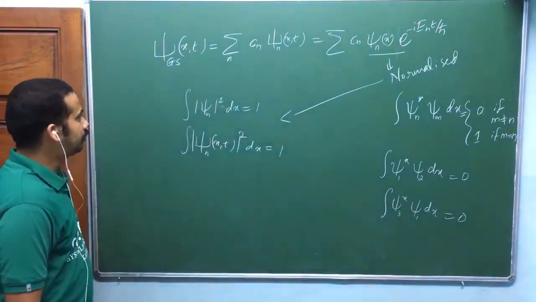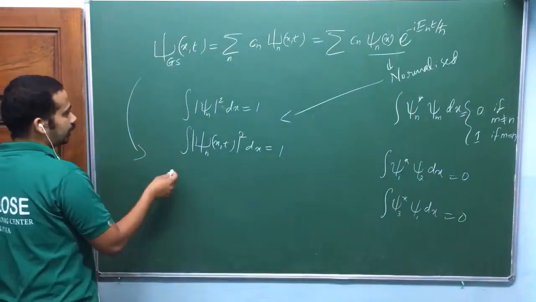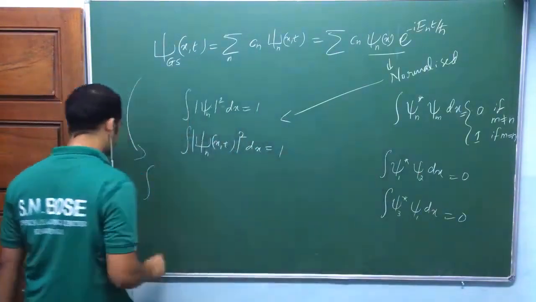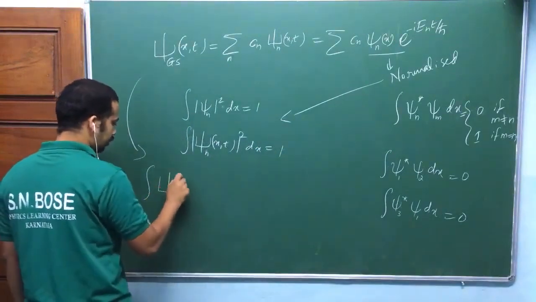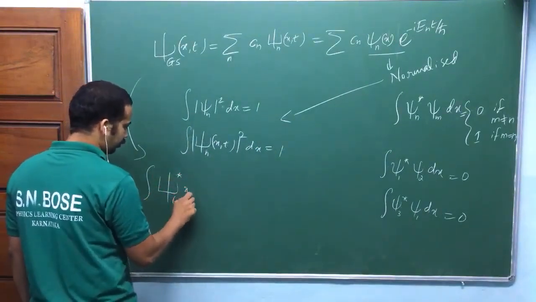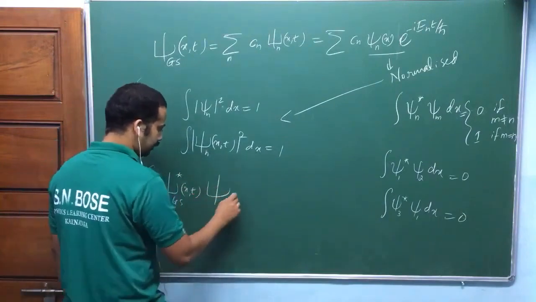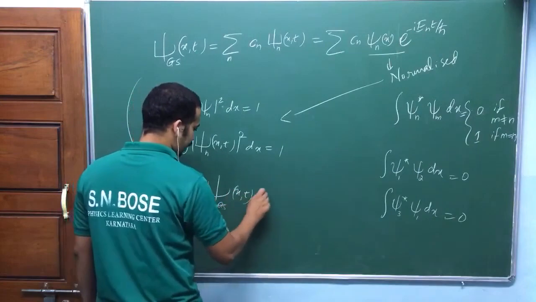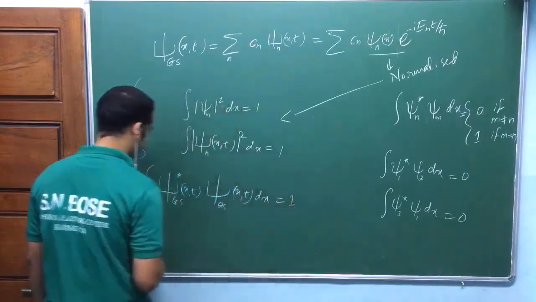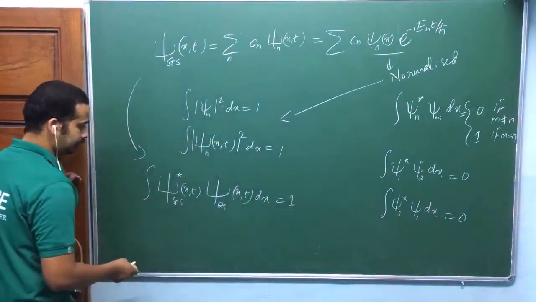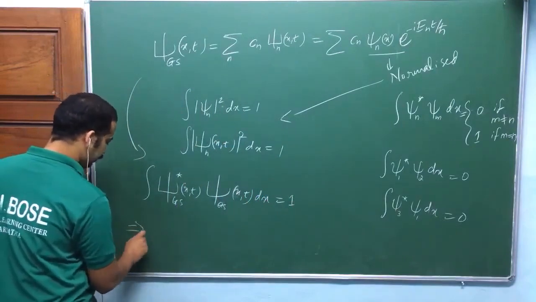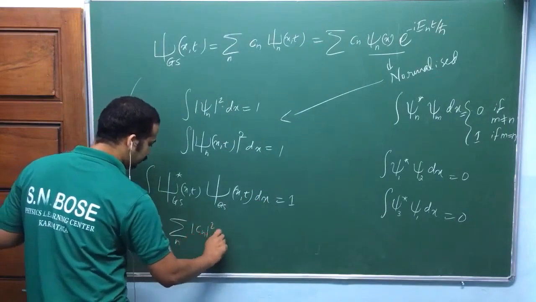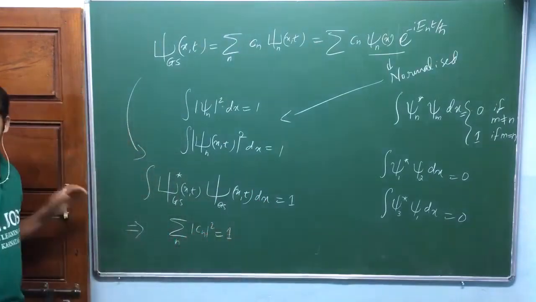Now look at it. Using this relation, the integral of psi gs star of x comma t into psi gs of x comma t dx is equal to 1, am I right, over all region. This is equivalent to the summation over n of mod cn square is equal to 1, using that relation.